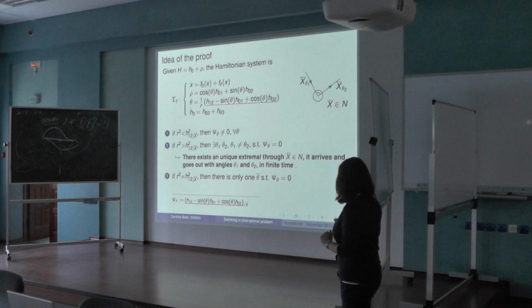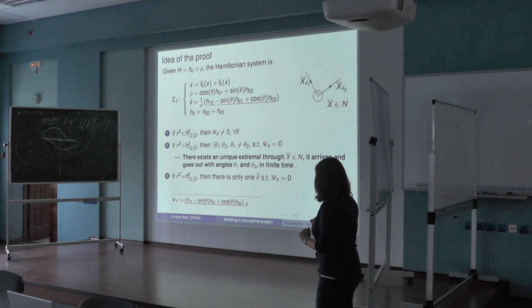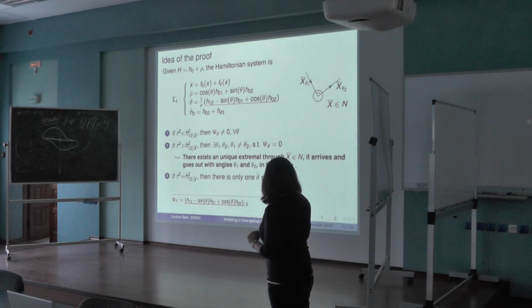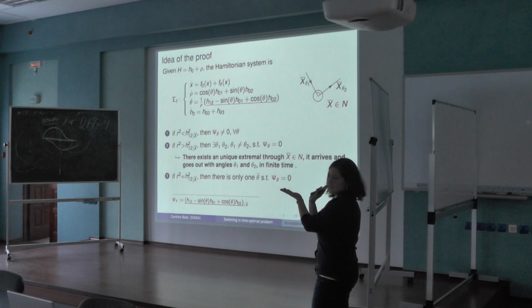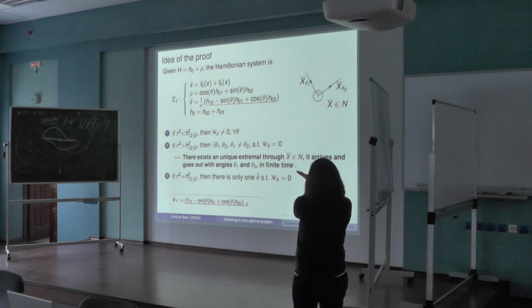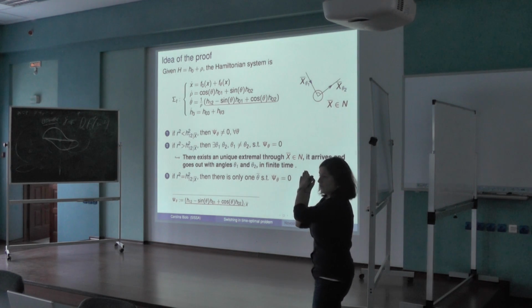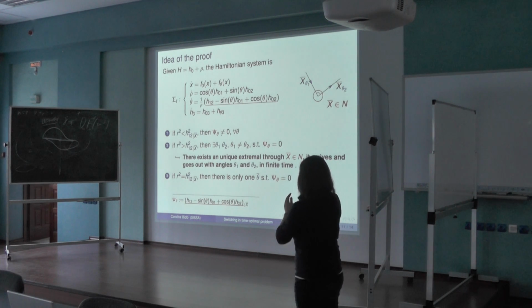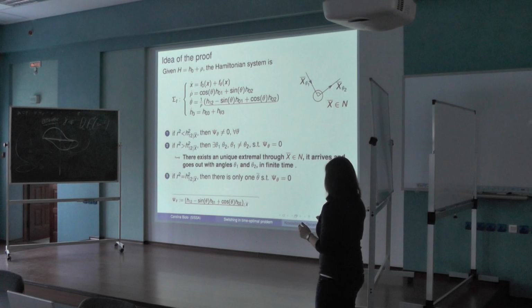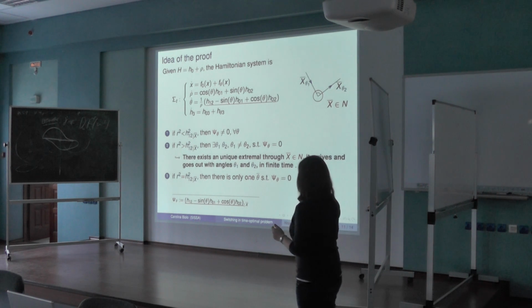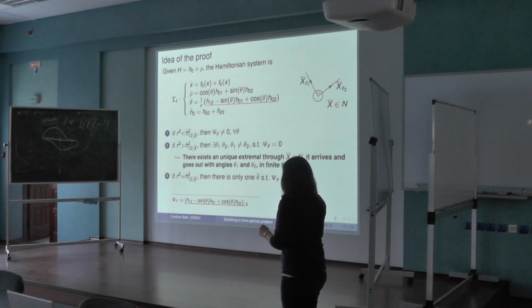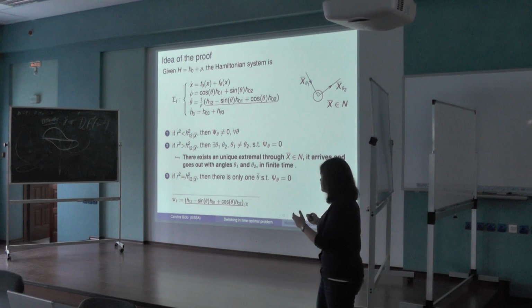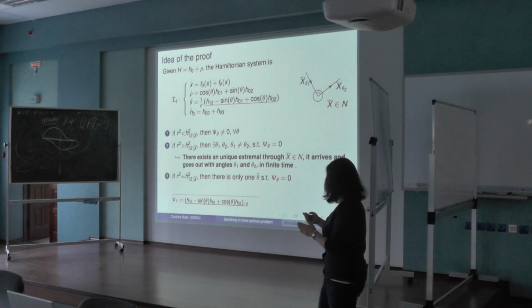Okay, and the equality case is the limit case in which we don't have theta 1 and theta 2 but just one angle. Okay, it's very difficult to understand how this extremal really works in this case, but as I told you, this is a limit case, so we don't have a switching in this case.